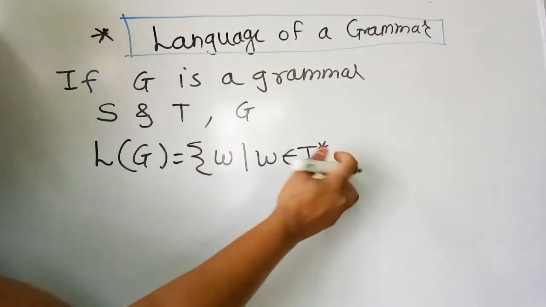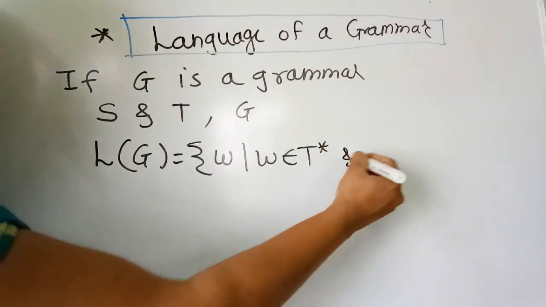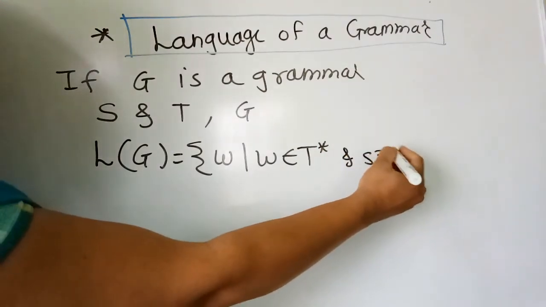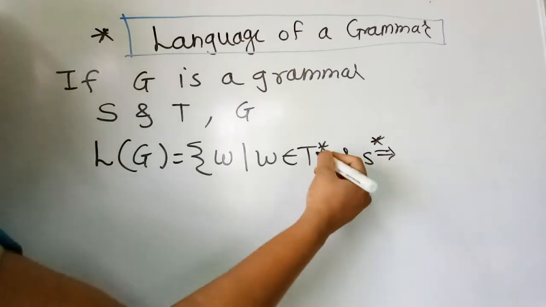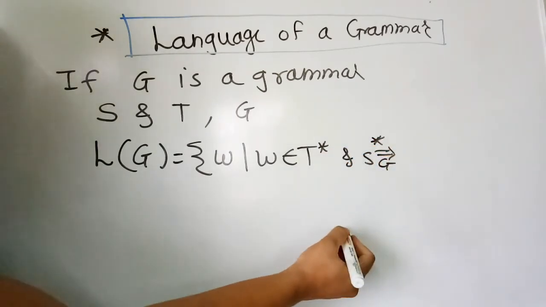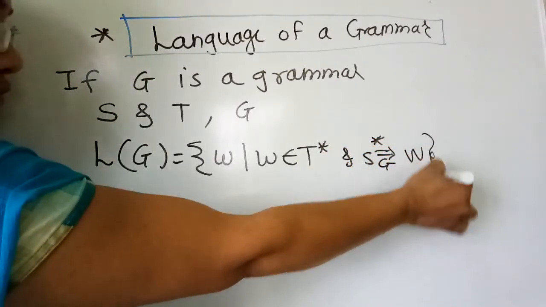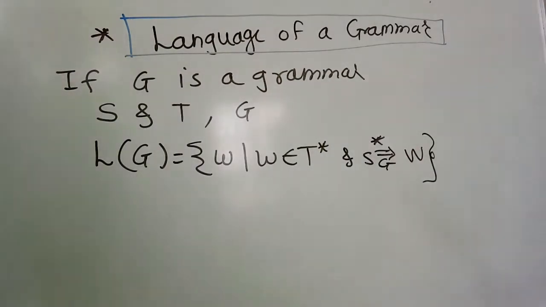Star means the combination of these terminals, and the starting symbol, with some grammar rules, will produce a word. So this is the basic defining feature of any language.